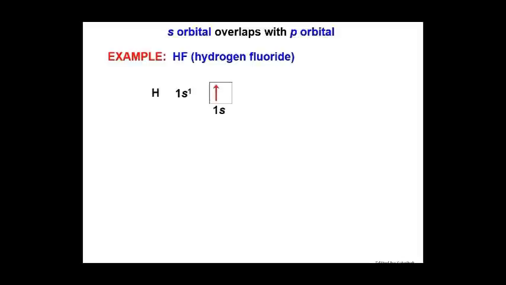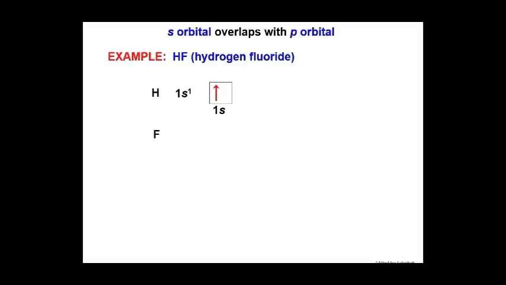S orbital overlap with p orbital. For example, hydrogen fluoride, with different electronegativity. Hydrogen's electronic configuration is 1s1, and in the orbital diagram it consists of only one orbital with one electron.